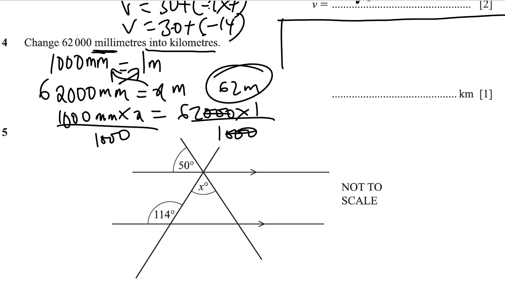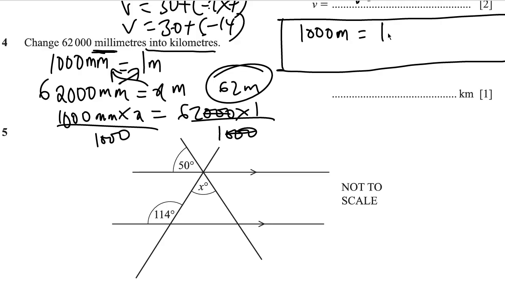You should remember that 1,000 meters is equal to 1 kilometer. That's why it's called kilometer: kilo represents 1,000. So if 1,000 meters equals 1 kilometer, then 62 meters will be equal to what?